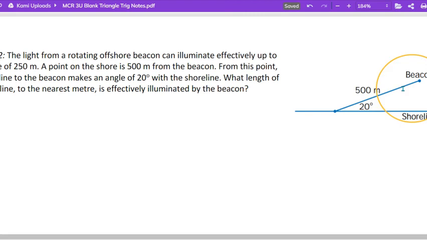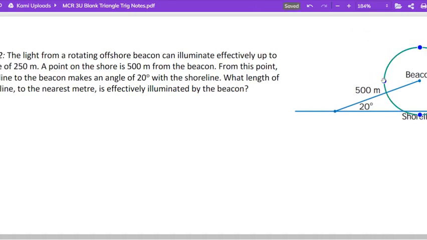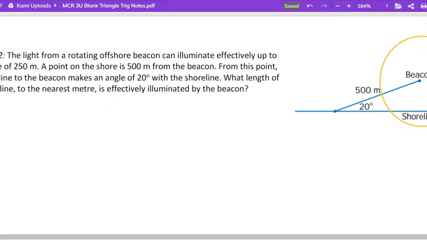All right. So here is the light. This is the circle that the light will create.